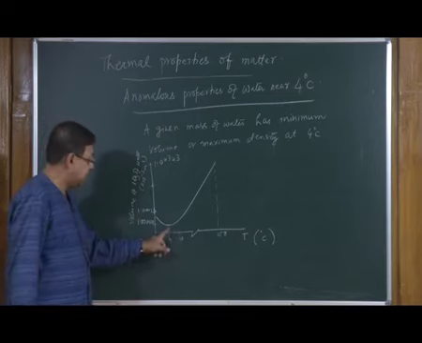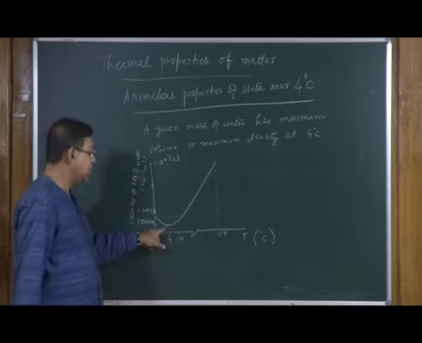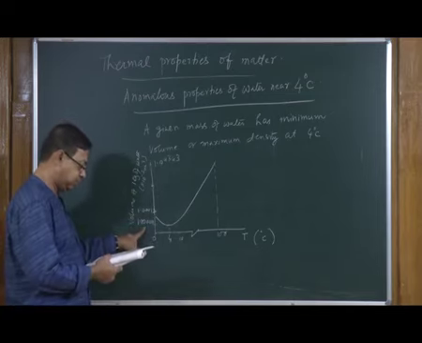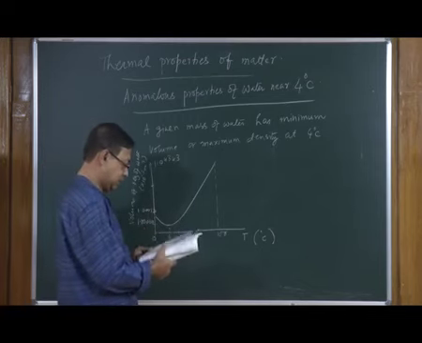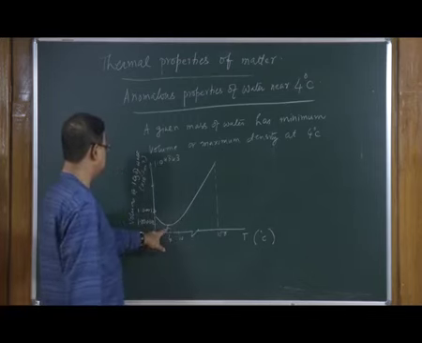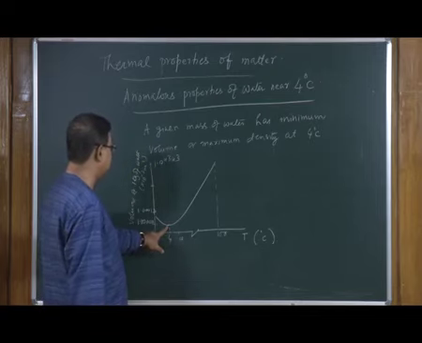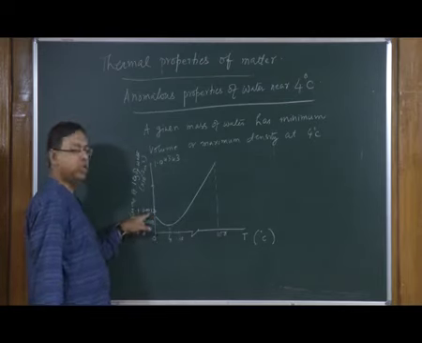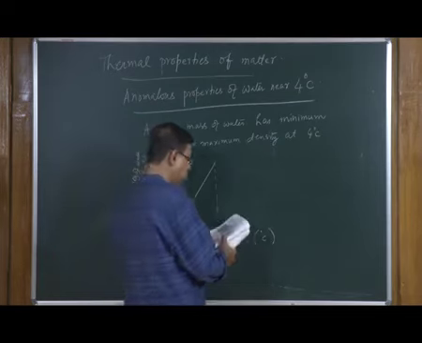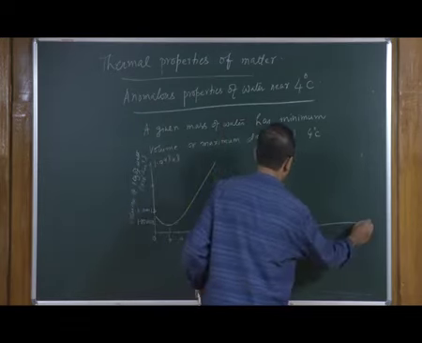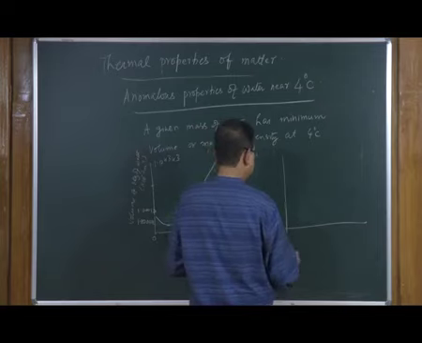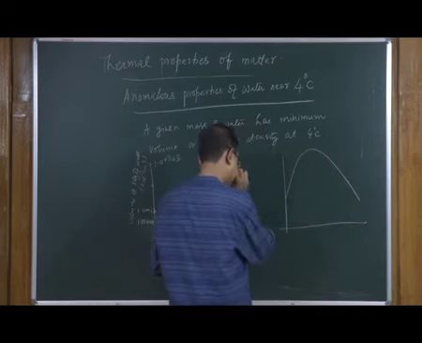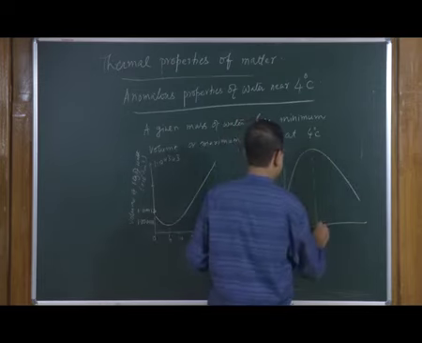So, at 4 degree centigrade, the volume of water is minimum, which touches a value equal to 1, while the value at 0 degree centigrade is 1.00013. And as a result, if you draw the density, the density will go like this, and this is at 4.